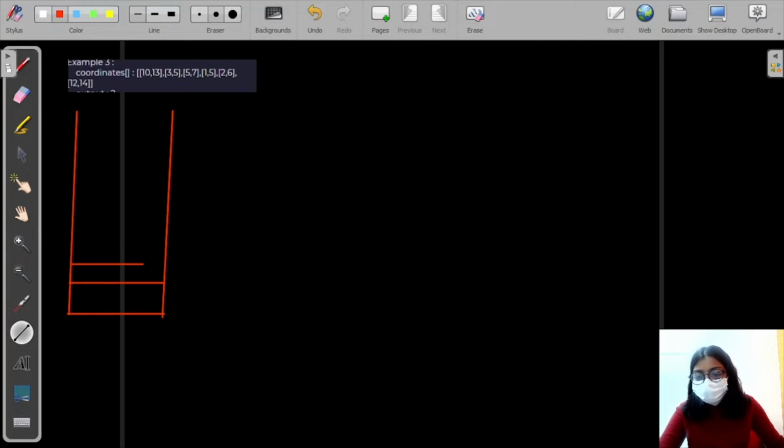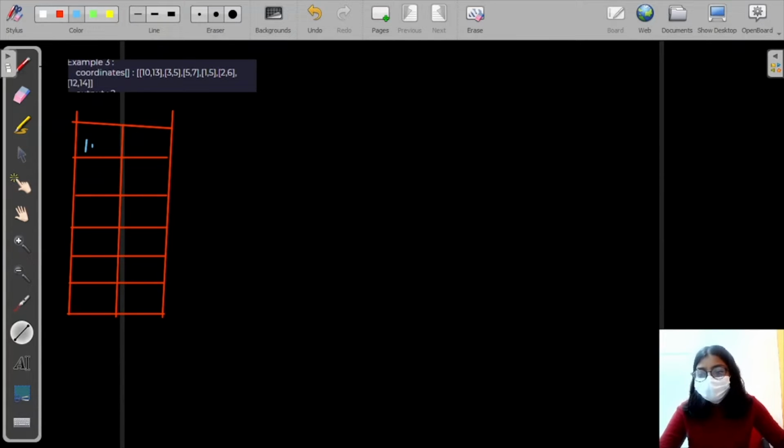The first balloon is 10, 13. The second balloon is 3, 5, then 5, 7, then 1, 5, 2, 6, and 12, 14. All right, these are my balloons. Let me just map them on my x-axis.